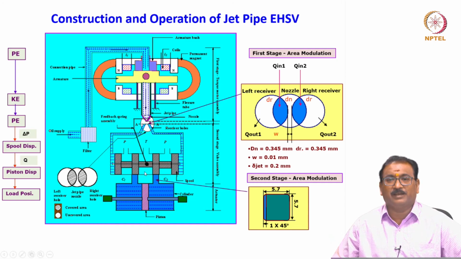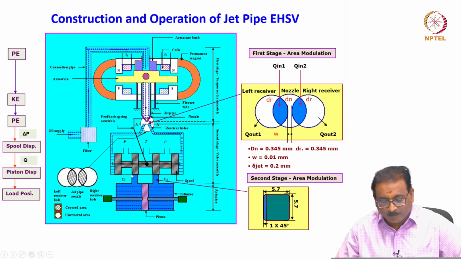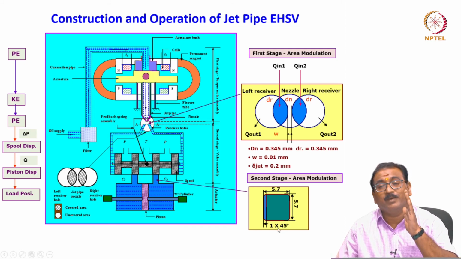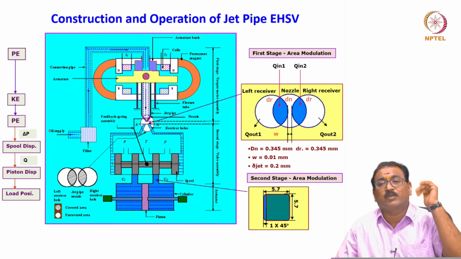The second time you will see here, friends, when the spool starts moving, what happens? The flow takes place to C1 or C2. That is the second stage area modulation. You will see the ports are here, as I told you in the last class, octagonal ports are there. This is 1 mm into 45 degrees, meaning it will not move 1 mm; within 0.25 mm the complete flow is going to the actuator.